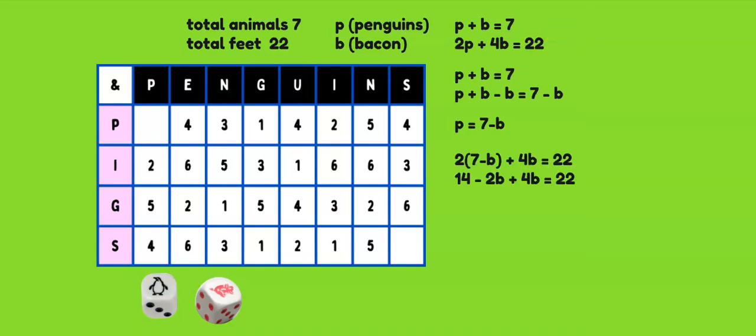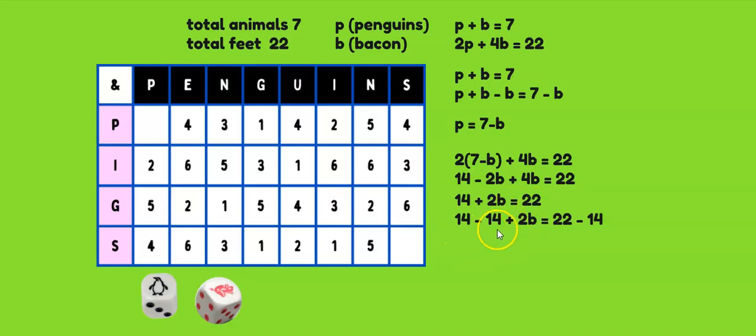So I plug that P equals 7 minus B, and I write out this equation as 2 times 7 is 14, and 2 times negative B is negative 2B, plus 4B equals 22. I now have to combine that negative 2B and that 4B. 14 plus 2B, or positive 2B, equals 22.